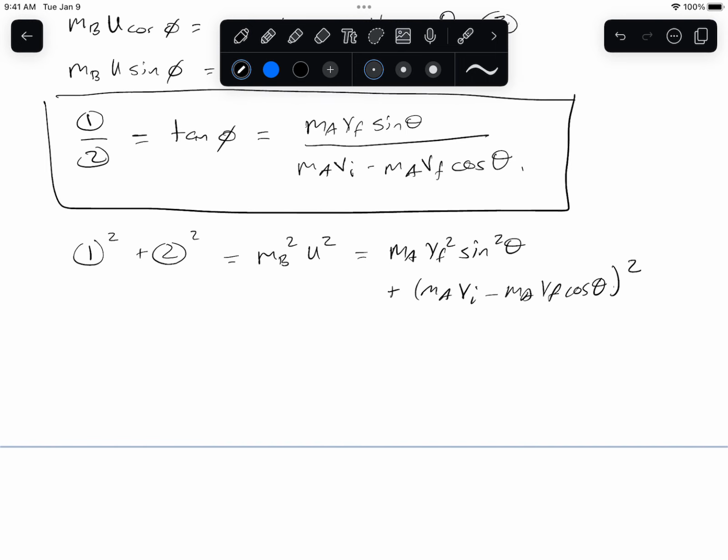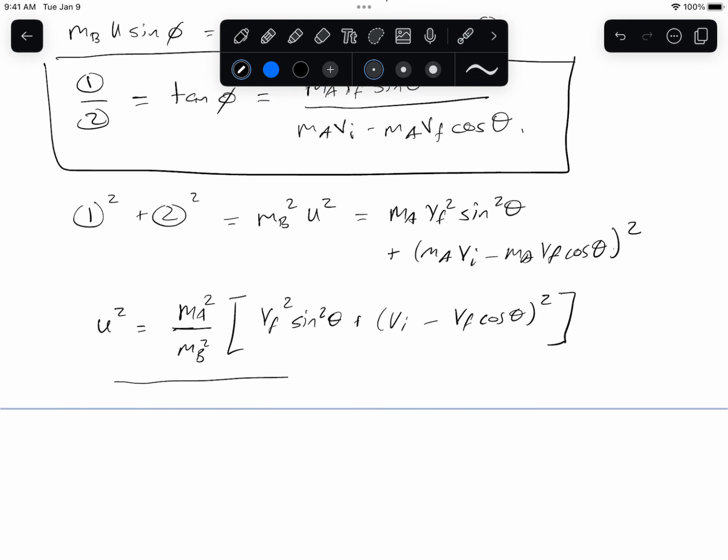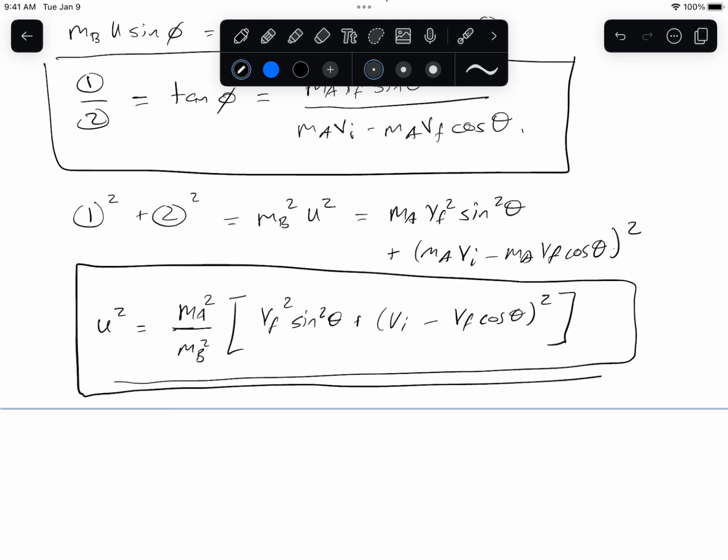And so now all I need to do is divide by m_B squared, so I get u squared is equal to m_A squared over m_B squared, times v_Af squared sine squared of theta plus (v_Ai minus v_Af cosine theta), this whole thing squared. And actually this square doesn't go here because the square is this square right here. So we close parentheses, and that is my final answer for the velocity of the stone.